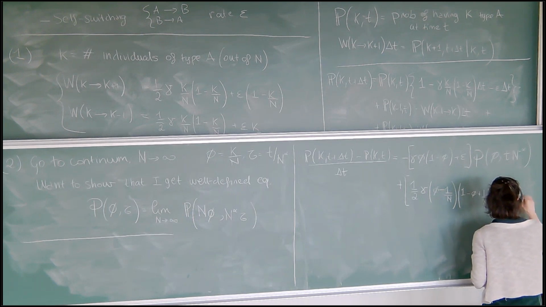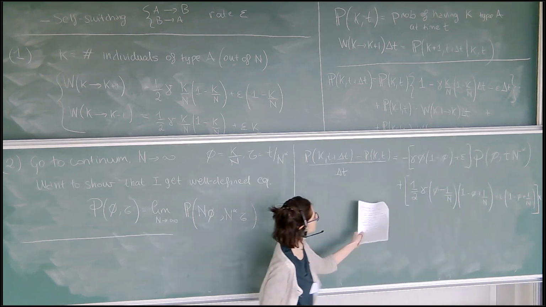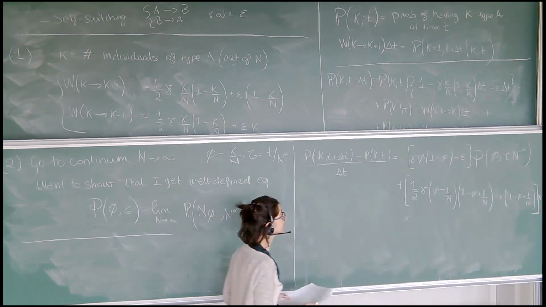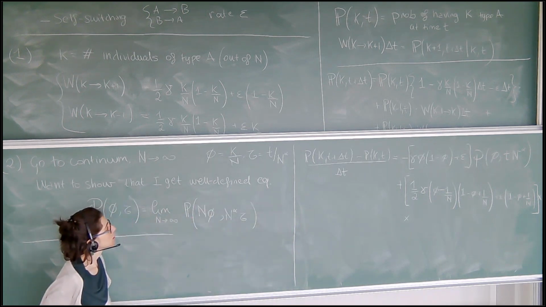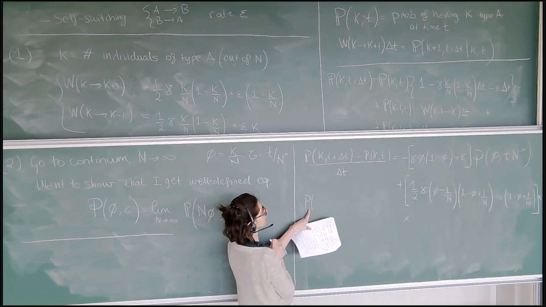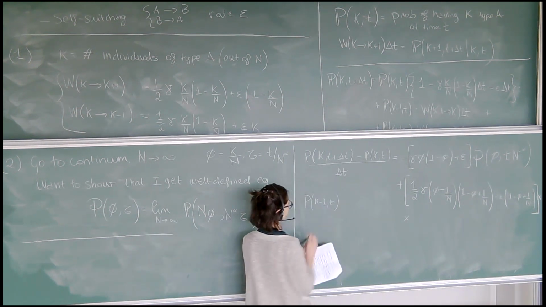You have 1 minus phi plus 1 over N. Then I close the parentheses. I don't know if you see this, but all of this thing in parentheses then is multiplied by what? Well, in principle, I have capital P of K minus 1, t.